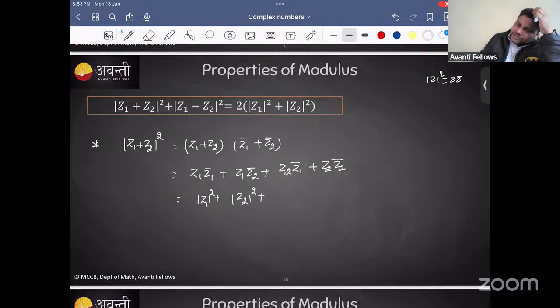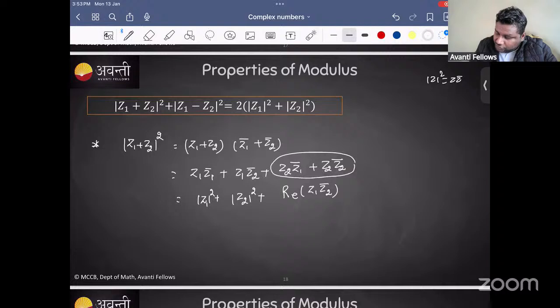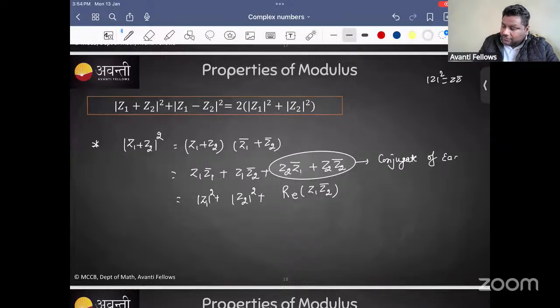So now z1 z1 conjugate is magnitude of z1 square, plus magnitude of z2 square, plus I can write it as twice the real part of z1 z2 bar, because these two are conjugates of each other. If you add z plus z conjugate, you get twice the real part of z.